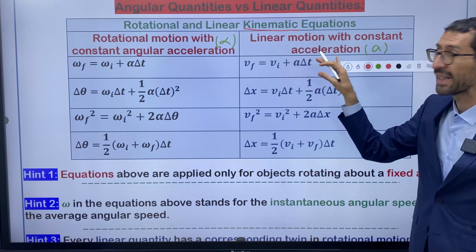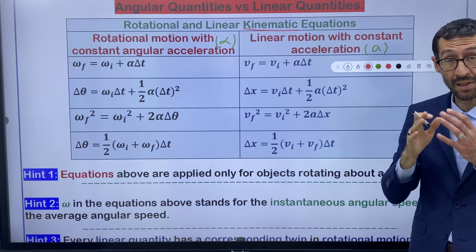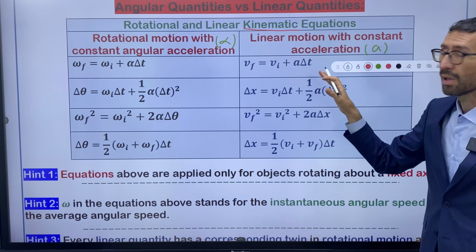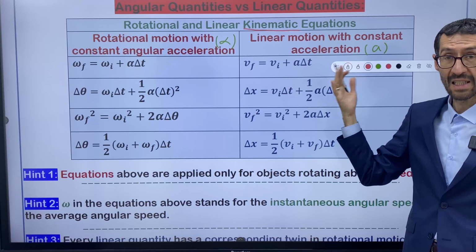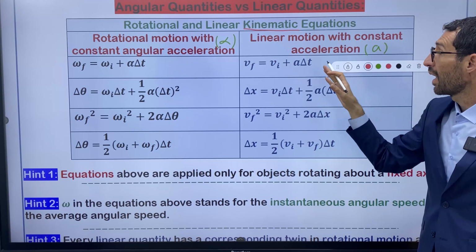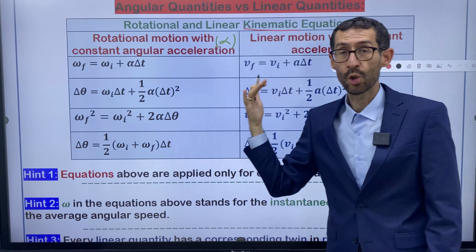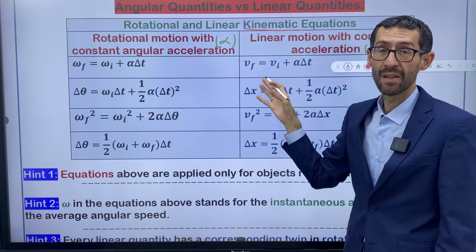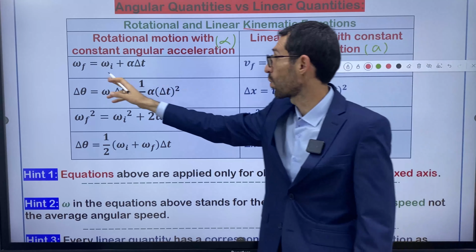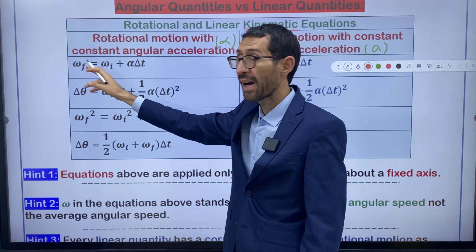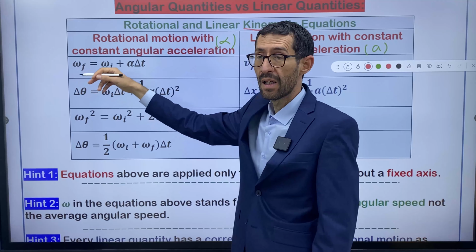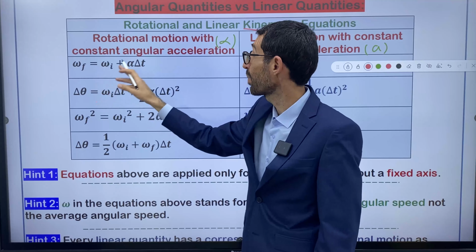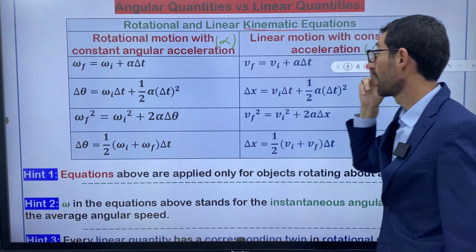This is the first linear equation. So what's the rotational twin for this equation? Omega f, meaning final angular speed, is equal to initial angular speed plus alpha delta t. Omega final is equal to omega initial plus alpha delta t, right?